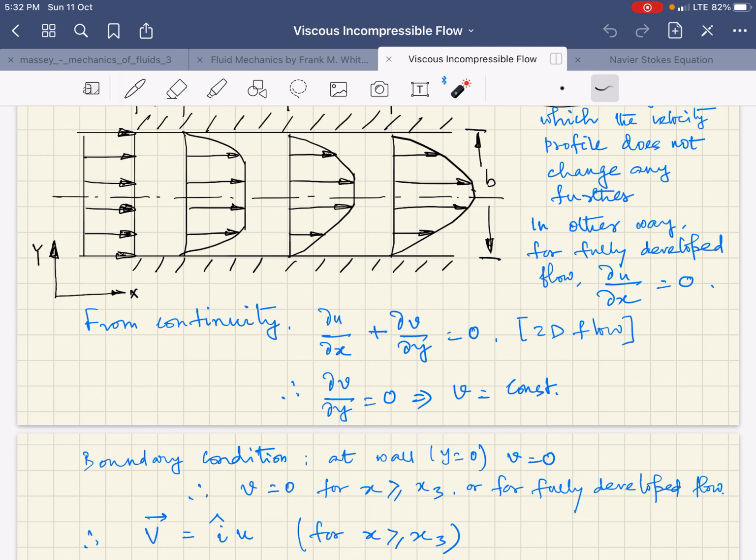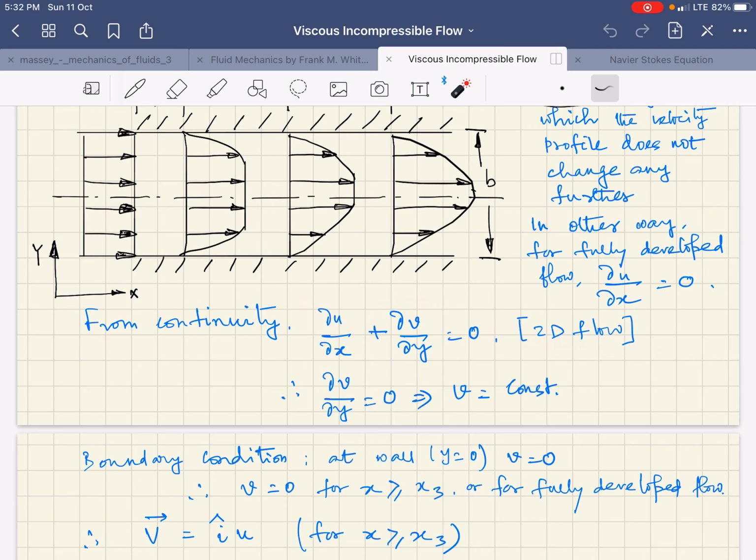As we are not considering the z effect, as it is infinitely expanded in the z direction, we consider there is no change in z component velocity, and any property with respect to z is not changing, that is del z of anything is 0. Thereby the 2D incompressible flow continuity equation is this one.